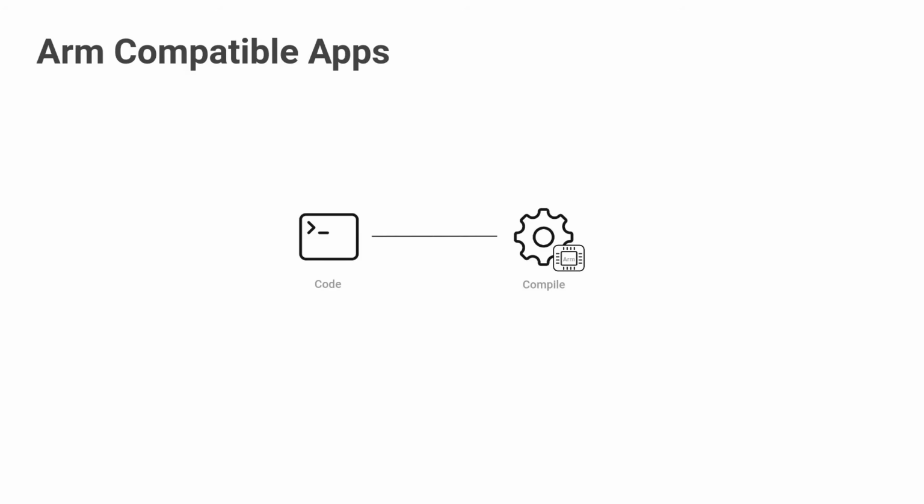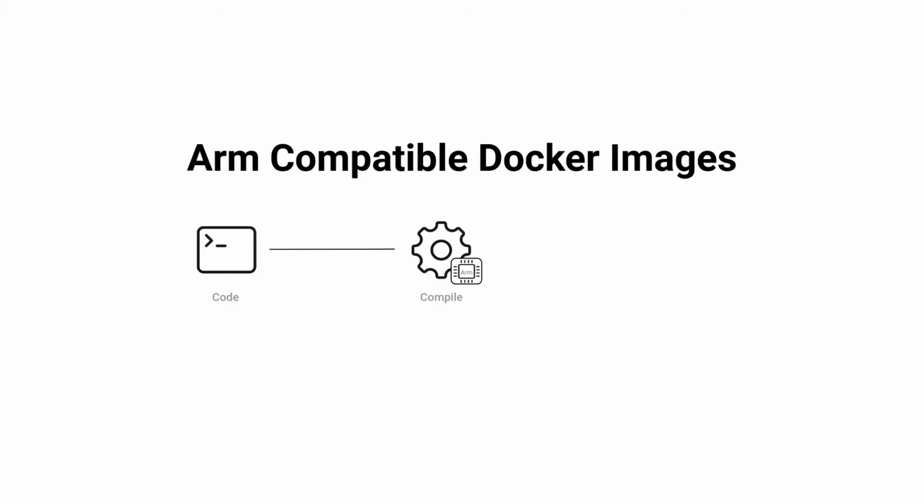If the software is built for x86 and you're running it on ARM hardware, the processor is not going to understand the software and what it's trying to do. That also leads into Docker images and that incompatibility. With ARM, you need to be cognizant when building Docker images that you're building to an ARM architecture and not an x86 architecture.